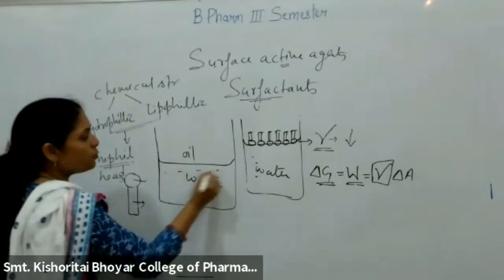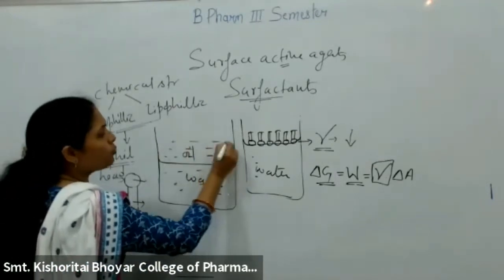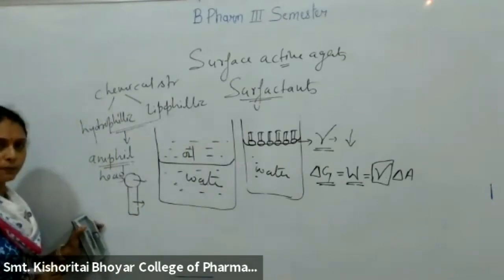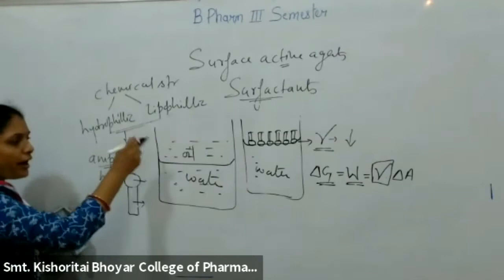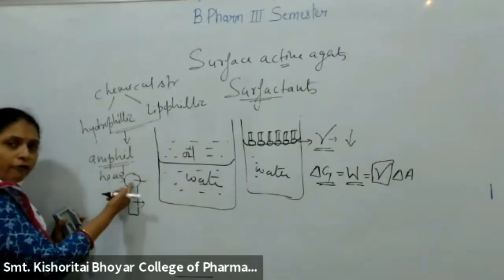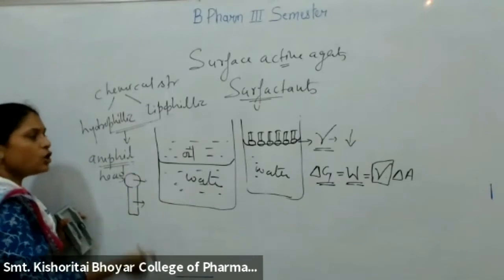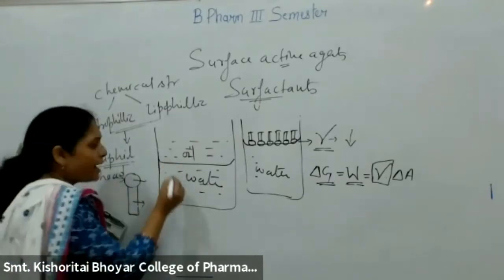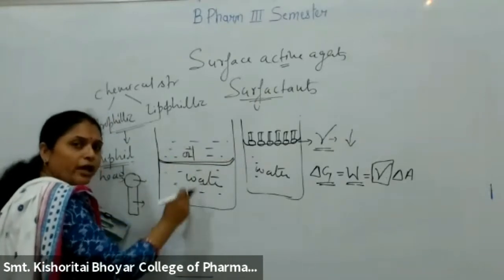Water is polar, and oil is non-polar or lipophilic. When we add a surfactant molecule, having a polar as well as a non-polar group in its structure, it will adsorb here at the interface. This is the interface, the boundary between oil and water.